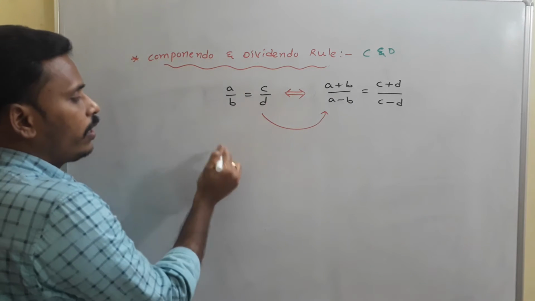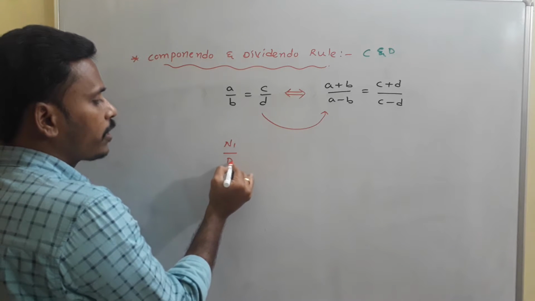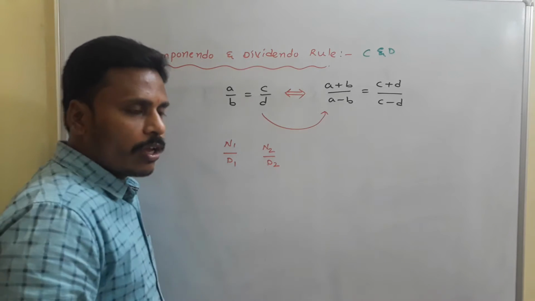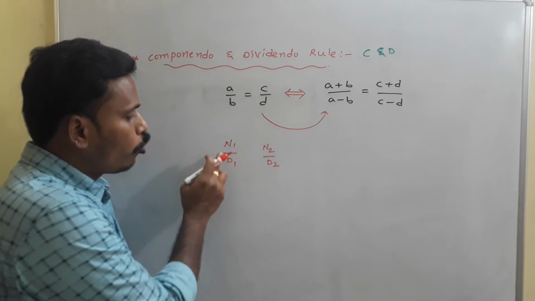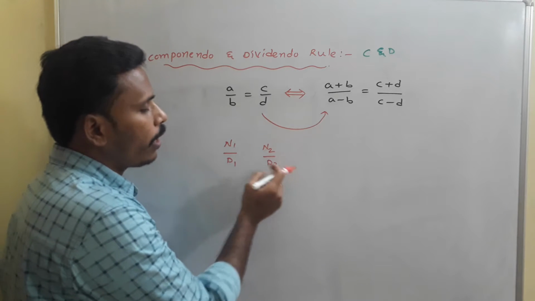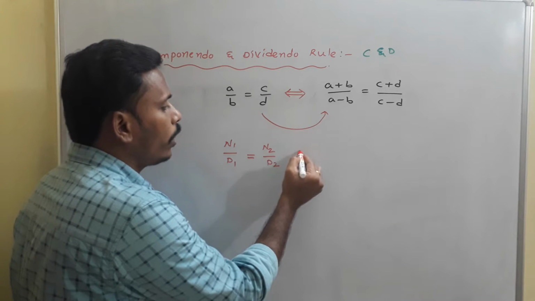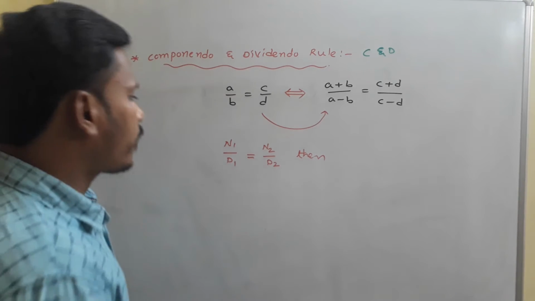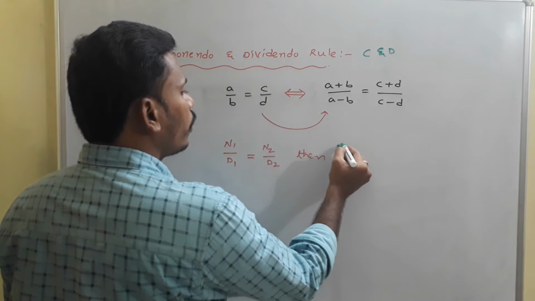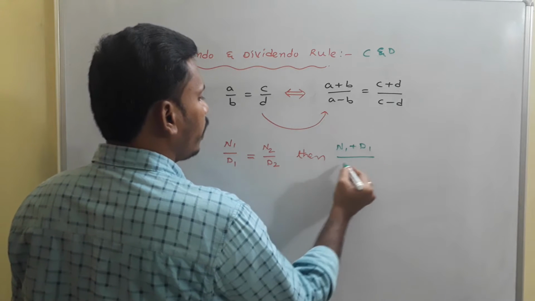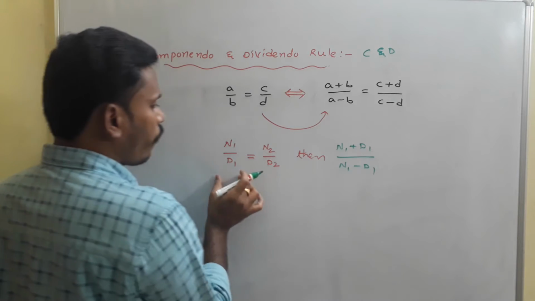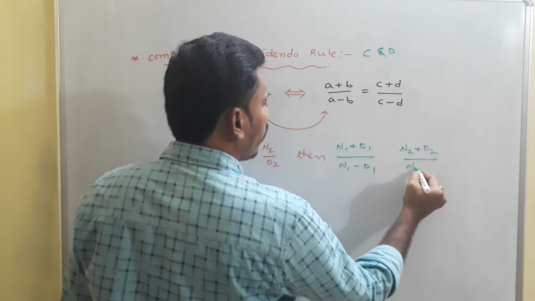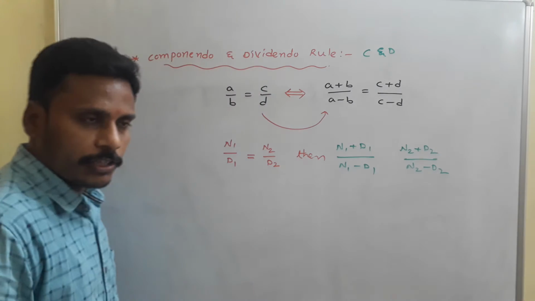Okay. After having two fractions, one fraction, numerator 1 by denominator 1, and the other fraction, numerator 2 by denominator 2, if these two are equal, then as per the problem we write numerator plus denominator by numerator minus denominator of the first fraction, as well as numerator plus denominator by numerator minus denominator of the second fraction.